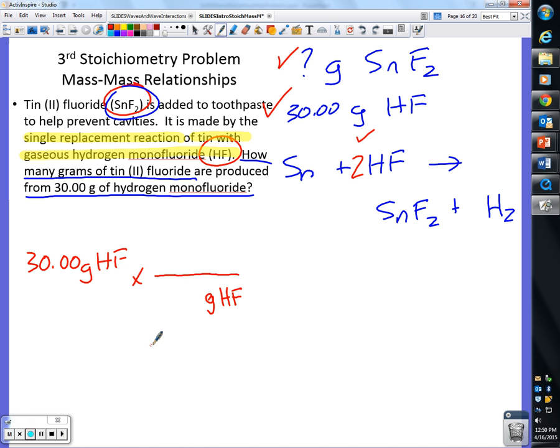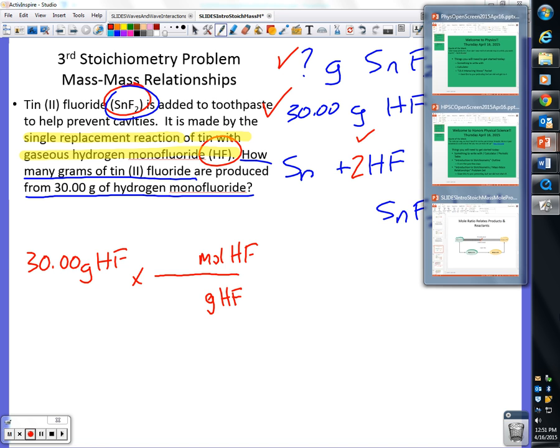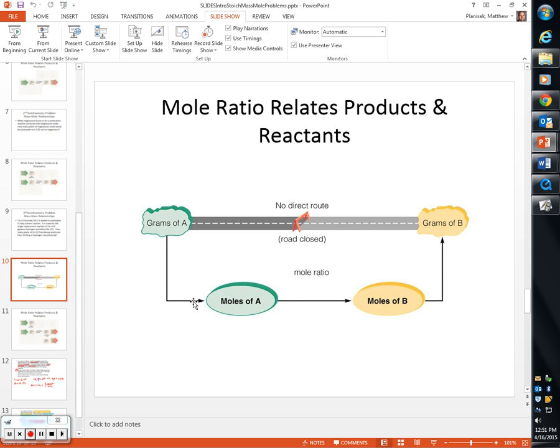We can go from grams of one thing to moles of that same thing. That's allowed. That's step number one on this detour.